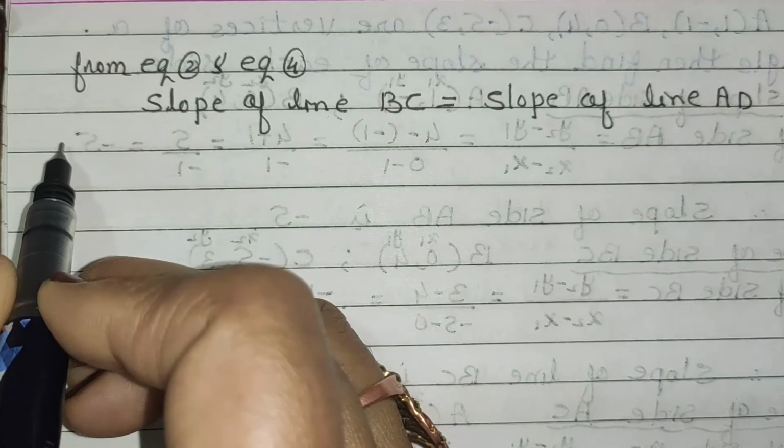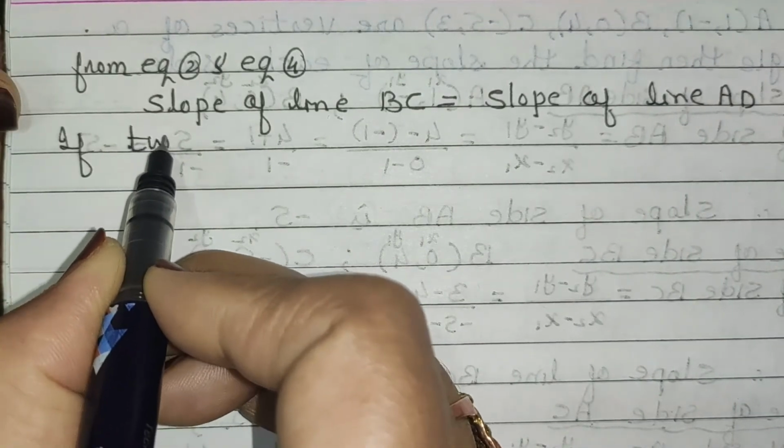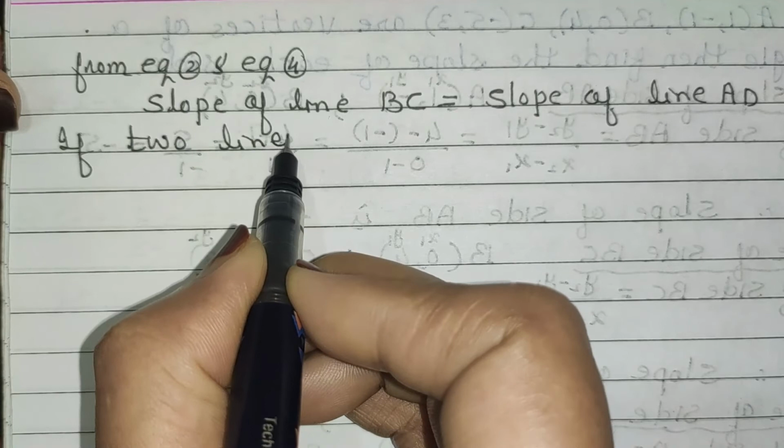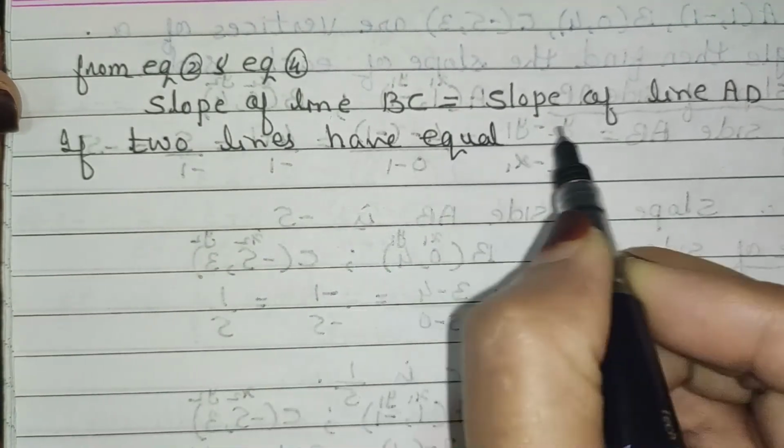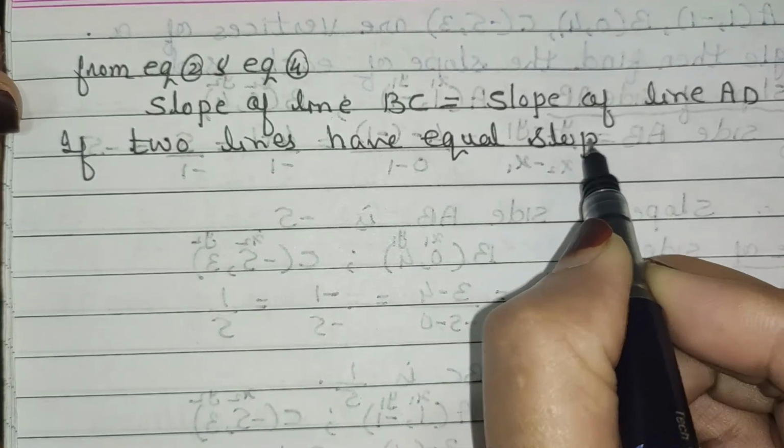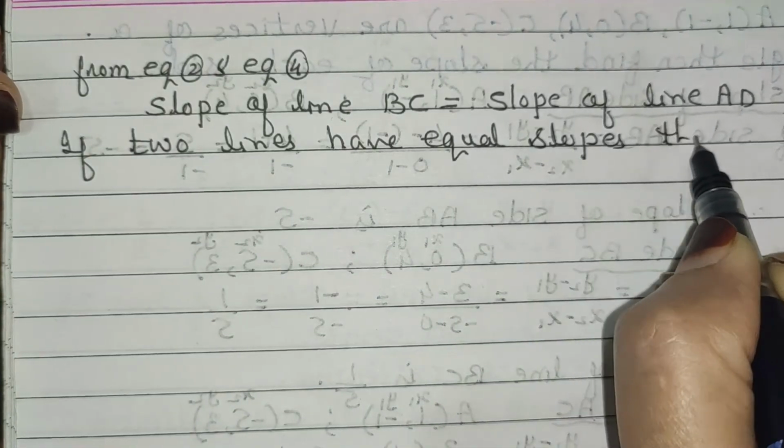Now we know that if two lines have equal slopes, then they are parallel.